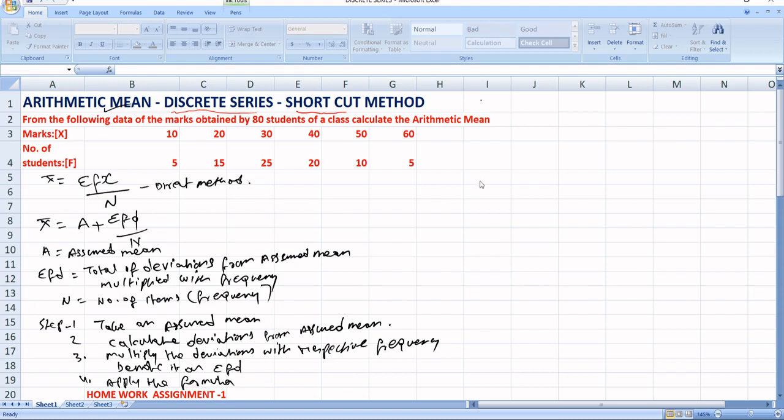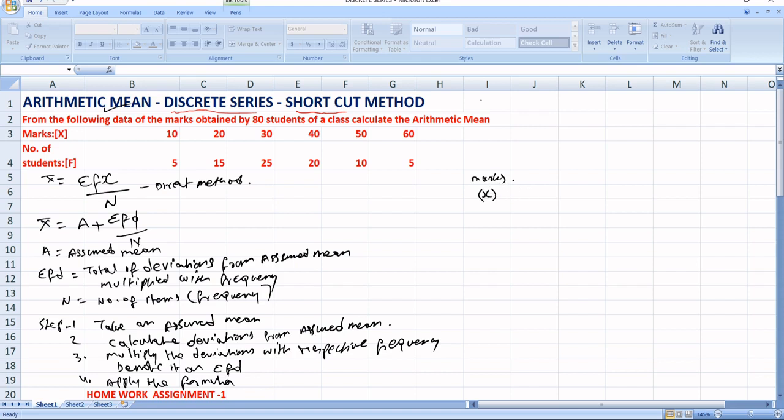Okay, my dear students, now let me do the problem. Here you allot one column for marks, and it is denoted as x, a variable x.